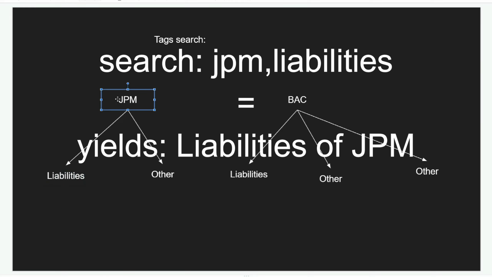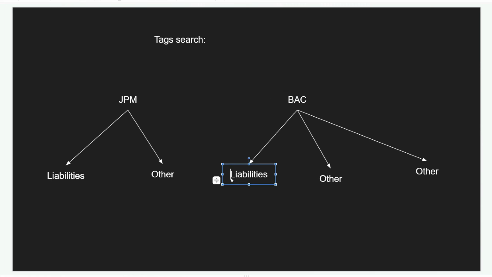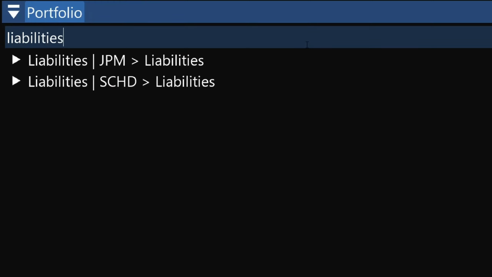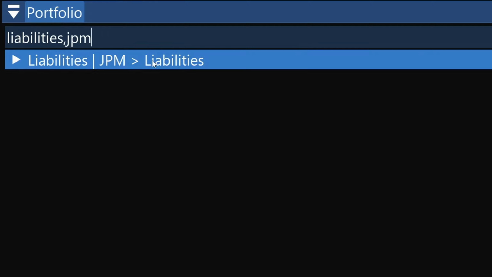This will search for an object matching the stock, and then it will see if it has any container inside of it with a liabilities tag. If it checks out, it will filter the newly found liabilities container with the stock specified. Here you can see me searching for the liabilities of JPM, which is a ticker symbol for JP Morgan Chase Company.